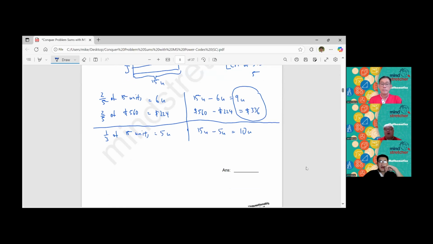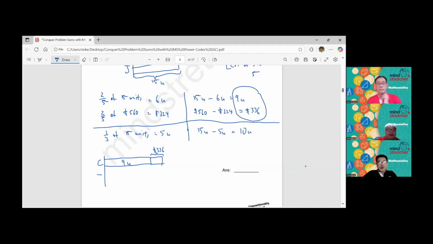So my after model will look something like this. For Christopher, I will be left with 9 units, and the dollar amount will be 336.